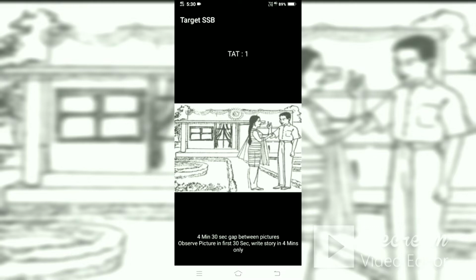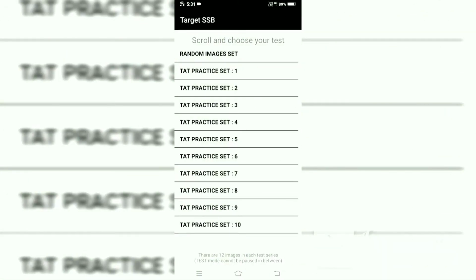Then the question arises in our mind that we can write the story easily, but who will check the story? The basic idea is that we can check our story ourselves. How? We write our story in just 4.5 minutes on the given picture. After writing it once, if we read it again, we directly find what mistakes we have made.